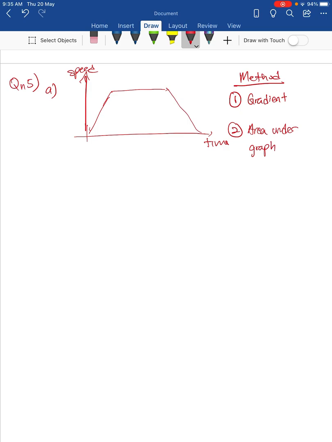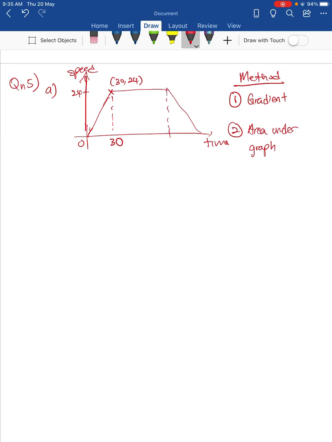So the very first question. Before I even talk about the question, let's highlight all the possible coordinates that are given and available for us. This first coordinate is 30, 24.